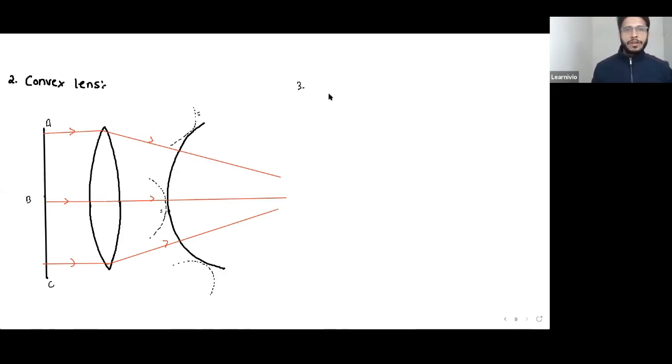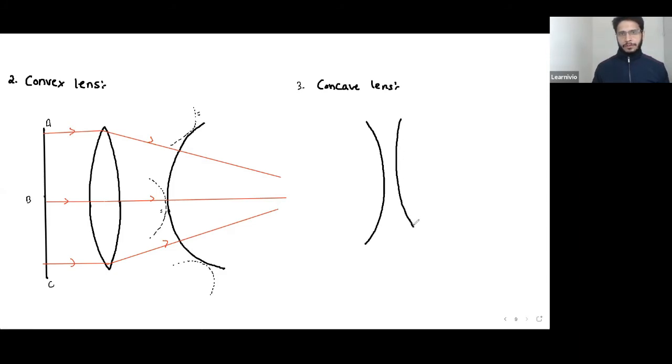The third is for a concave lens. You know that a concave lens is diverging. So I take a concave lens. This is a concave lens, and this is a plane wavefront.